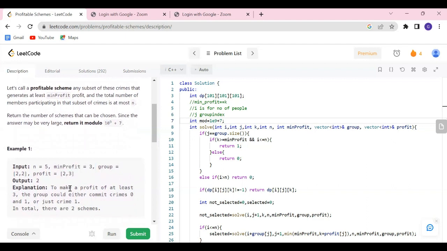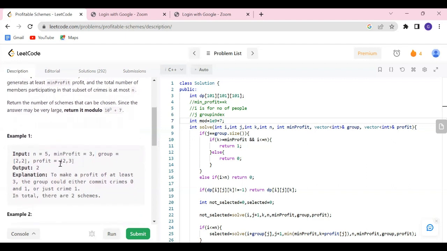In this question we can make a minimum profit using this group of 2 people, that is group of 1, which is 2, which makes profit 3. So this is one possibility, and another one is we can use this group of 4 people, that is group of 0 plus group of 1, which together make profit of 5, which is also greater than 3.